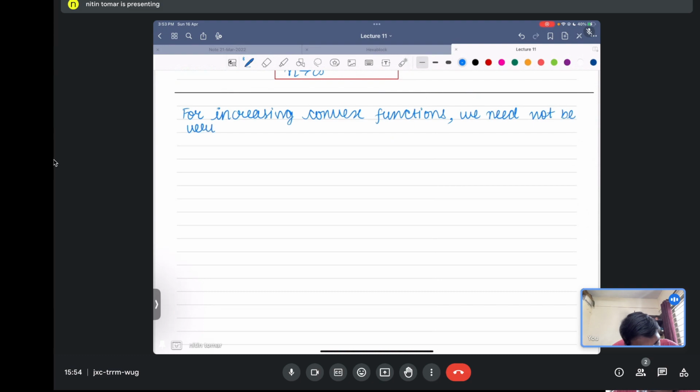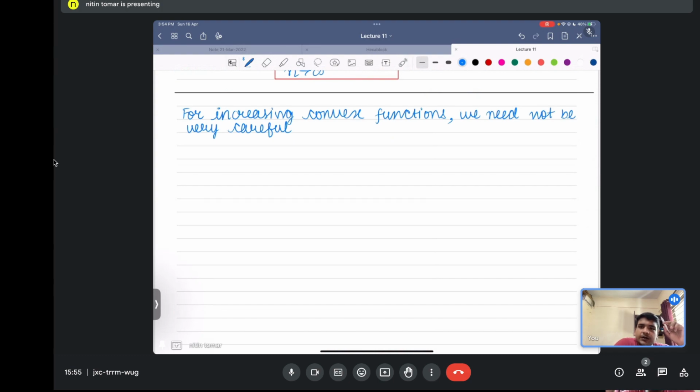we need not be very careful where we are starting from. See, the point is, in all these methods, bisection method, secant method and Newton-Raphson method, you have to start initially very close to the root.